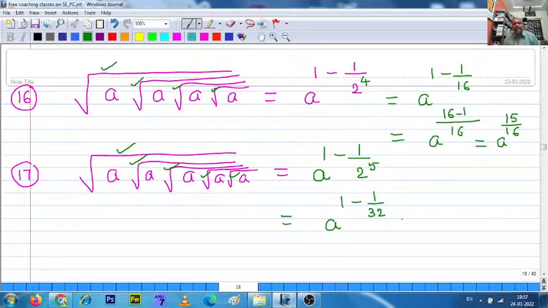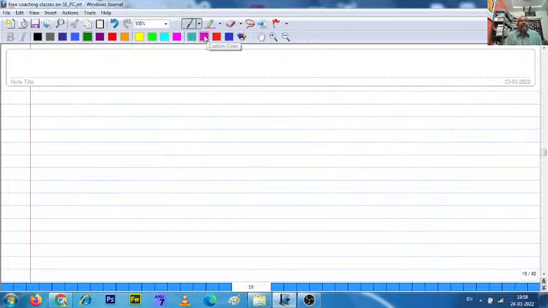So this equals a to the power of, 32 is the LCM, you will be getting 32 minus 1, a to the power of 31 upon 32. See how simple we can find out the values. Now you can generalize it. This is called generalization. So formulation, you will explore by your own formula now, my dear students.